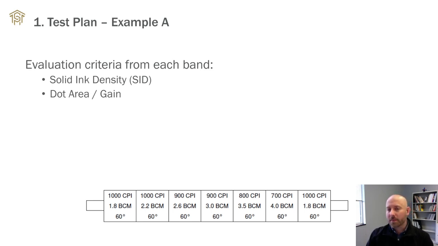We'll talk about that another time. But we need to evaluate now, is there excessive gain happening? Because you think about it, on this one band, we're probably going to have some, that's a lot of ink for process color printing.